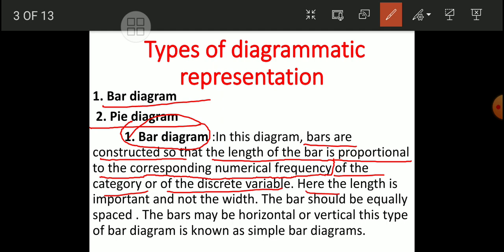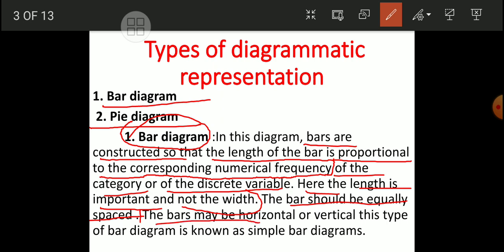Here, length is important and not the width of the bar. That is most important. The length of the bar in a bar diagram has importance as compared to the width of the bar. The bars should be equally spaced; the distance between the bars should be equal.